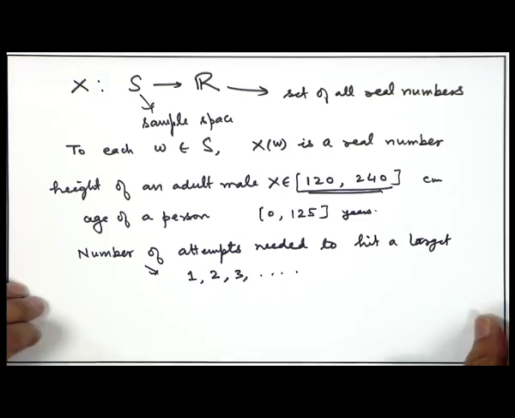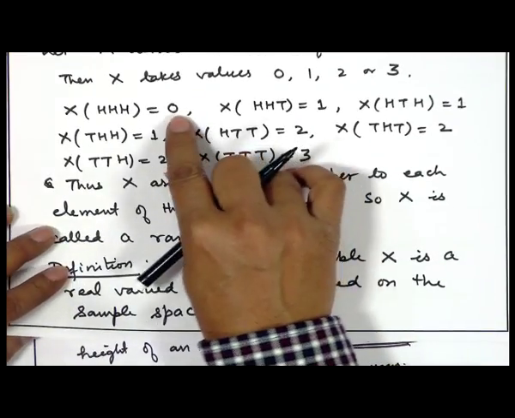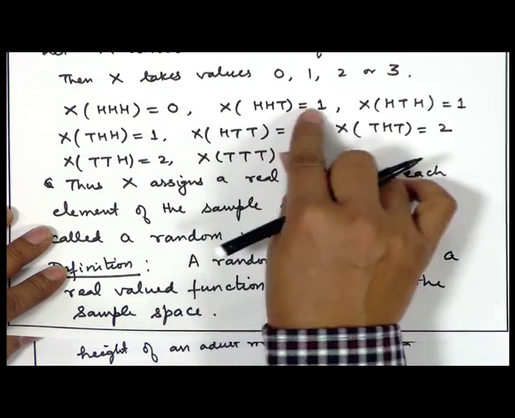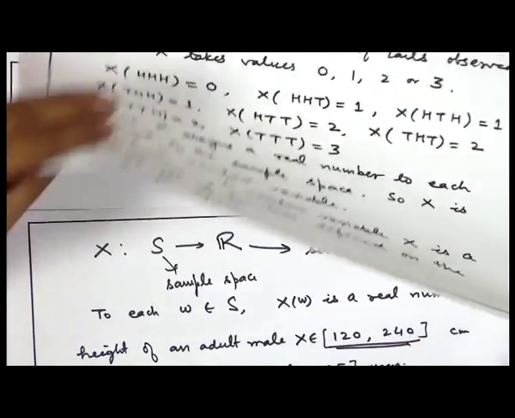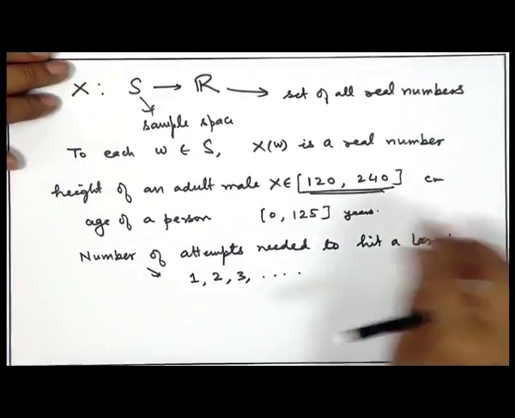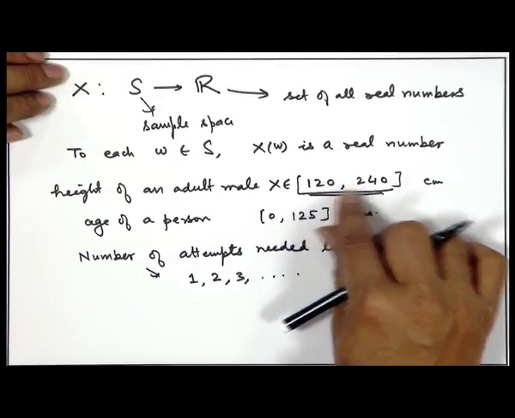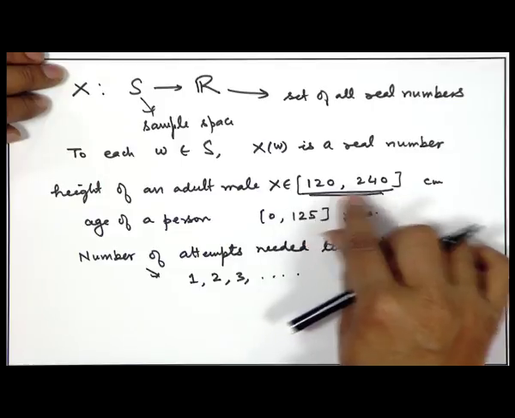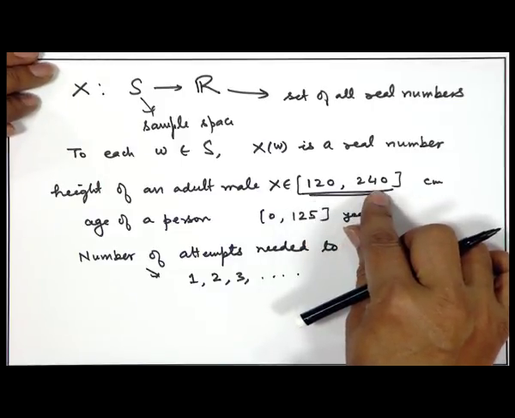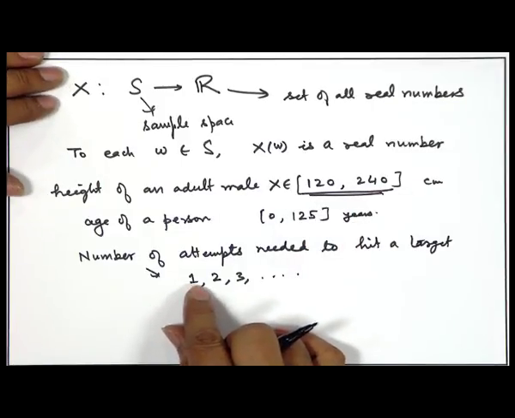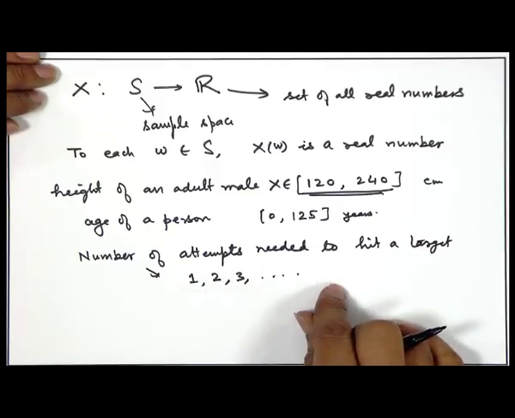You can see then the type. I gave an example where the random variable is taking values 0, 1, 2 or 3. I have given an example here where the values taken are in an interval, that means uncountably infinite number of values. Here you can see number of attempts, so 1, 2, 3 and so on, it is countably infinite number of values.